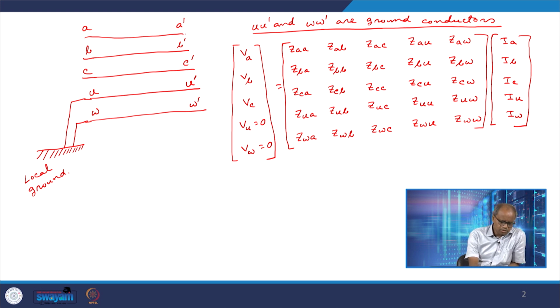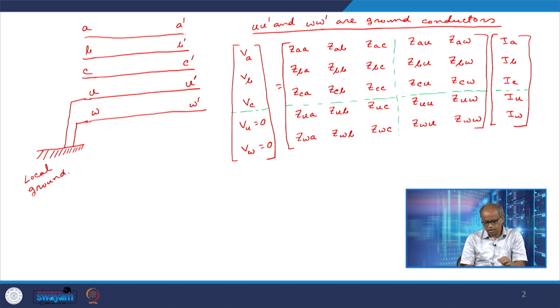Here again, the idea is identically the same. We also have to do the partition. So we do the partition like this. Now the partition is simple. So this is now the partition, and this is now the partition.